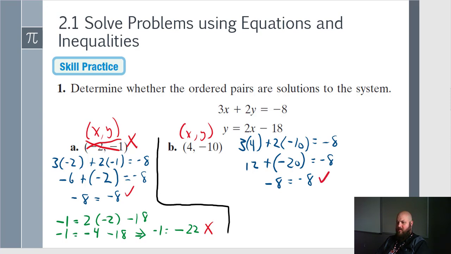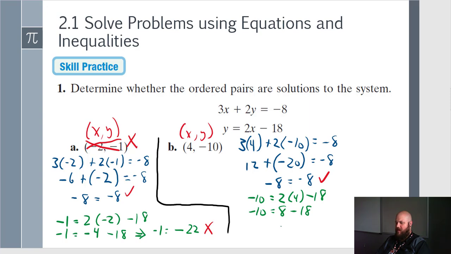So then let's do the second equation. So now we've got y equals 2x minus 18. All right, so our y is -10 equals 2 times our x value of 4 minus 18. So we have -10 equals 2 times 4, which is 8, minus 18. So again, on the right-hand side here, the -18 is our bigger value, and it's negative.